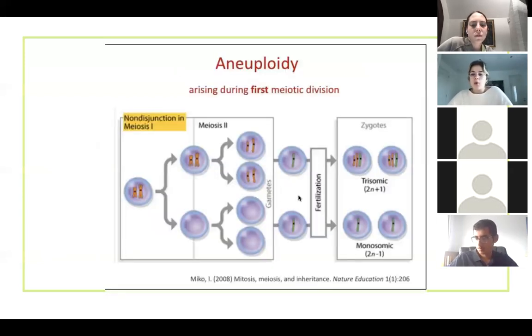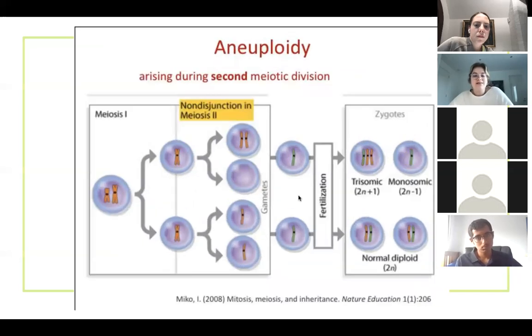Something that's important to look at is how an aneuploidy can form. So how can someone get this additional chromosome? There are 3 options, because you can get it during the first part of meiosis, the second part of meiosis, or in mitosis.